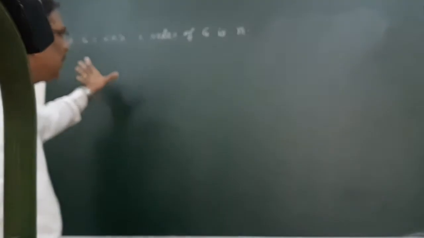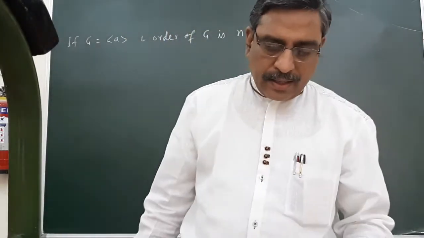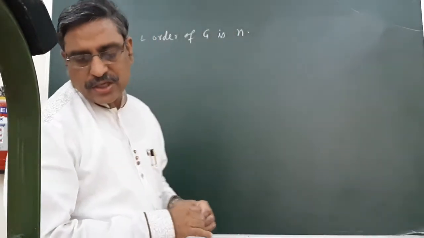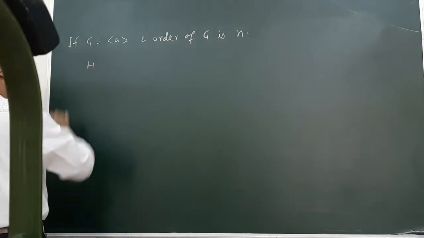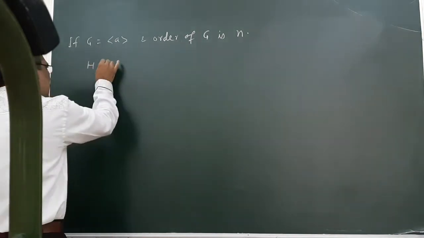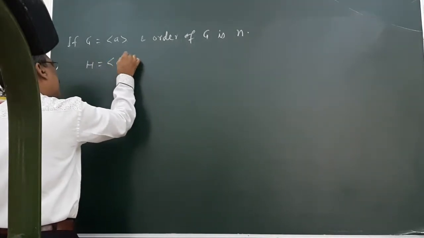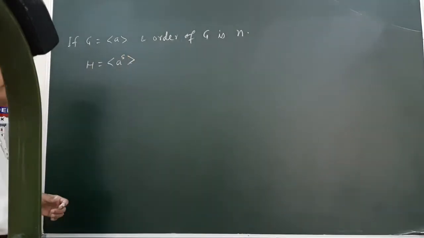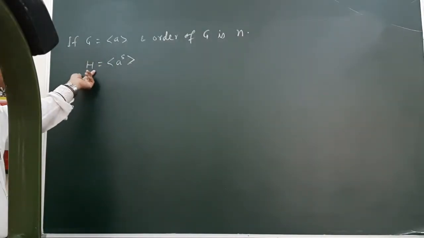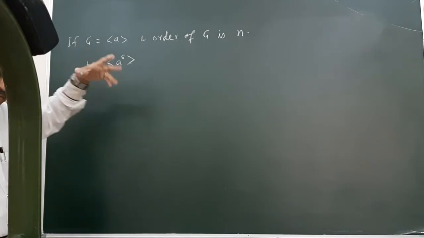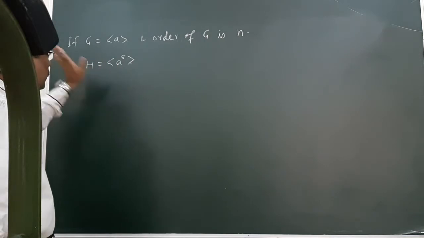Order of G is n, and it is generated by A. And H is a subgroup. H is a subgroup generated by A raised to the power S. A raised to the power S is a generator of this subgroup, means it is a cyclic group, as we proved earlier, that if there is a generator, it is a cyclic group.